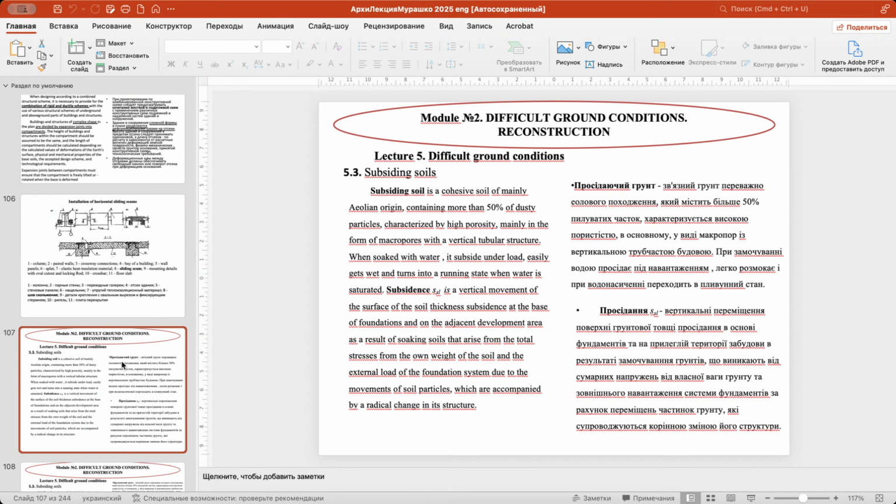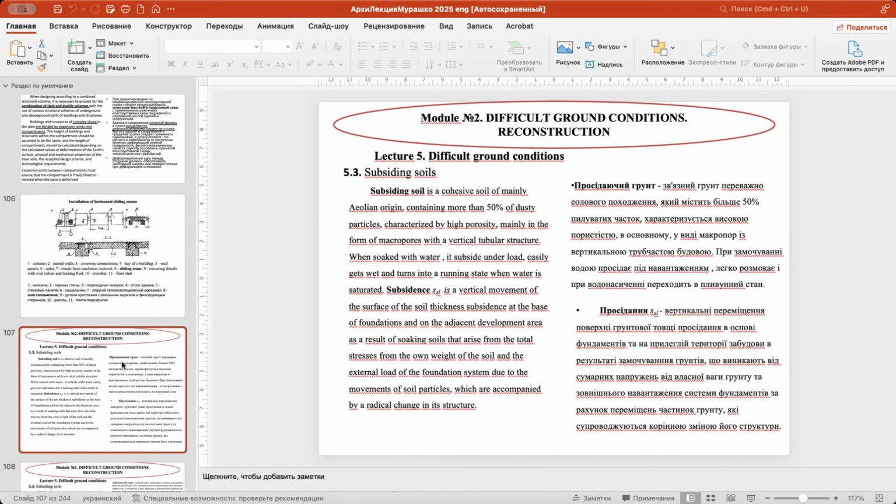Also, we have to consider another difficult ground condition, but we will do it in the next lecture. So today, during our first lecture of the second module, we have considered the classification of difficult ground conditions.